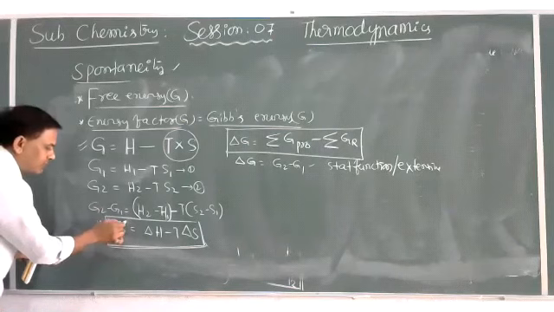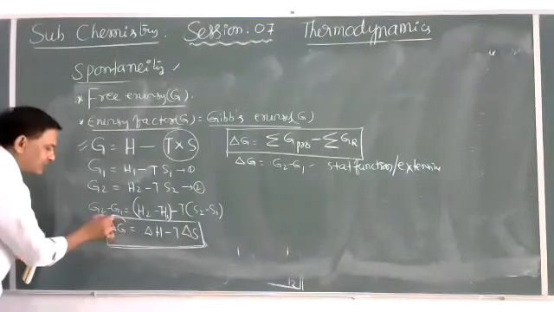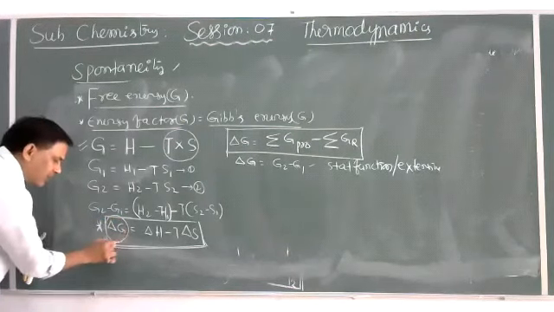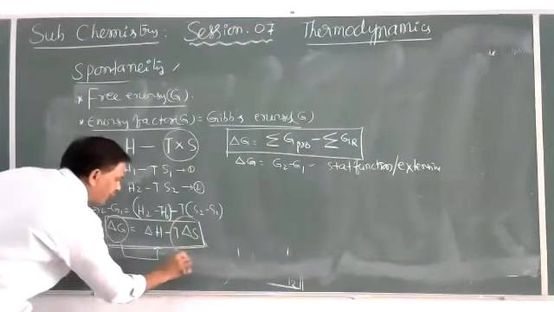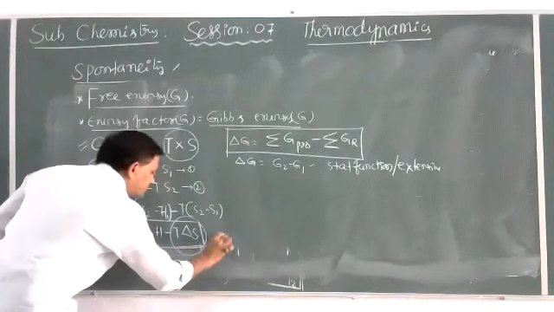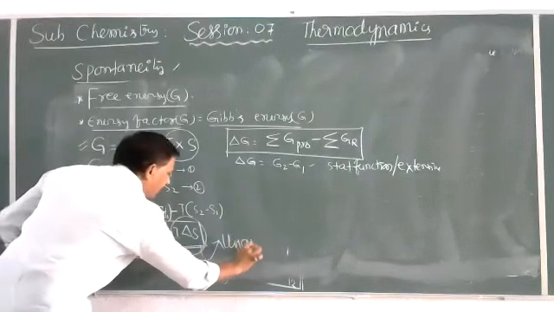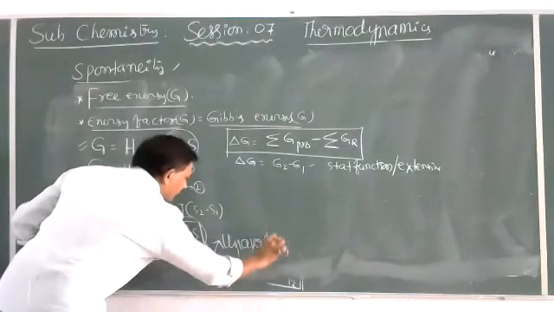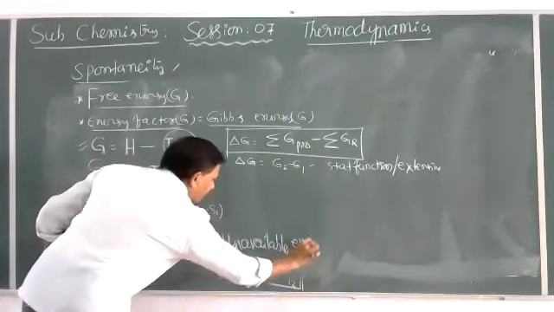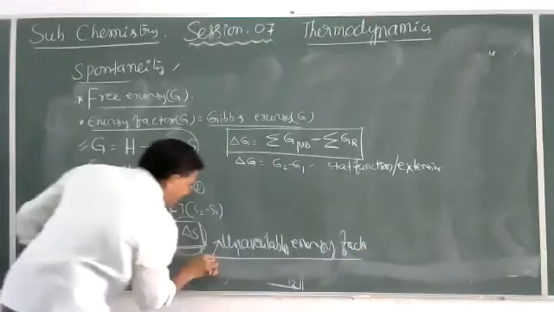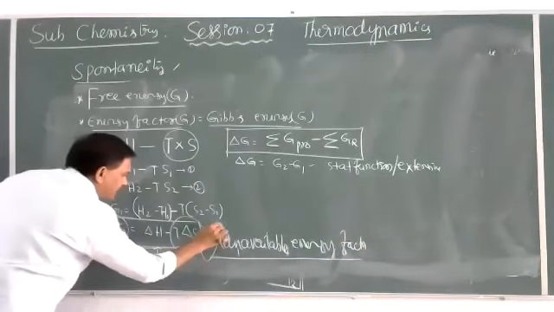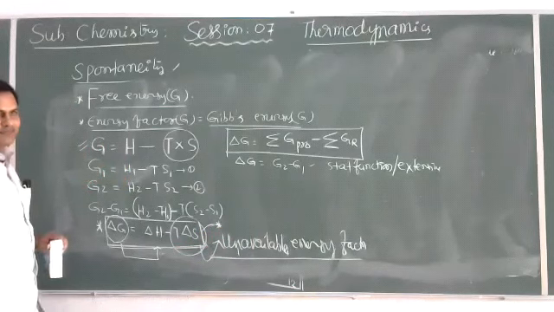Delta G is the change in free energy of the system while doing some amount of work, to do the useful work. In this expression, this is very, very important: the unavailable energy factor. The unavailable energy factor in Gibbs free energy change is T delta S. This was already asked in the KCET examination once.